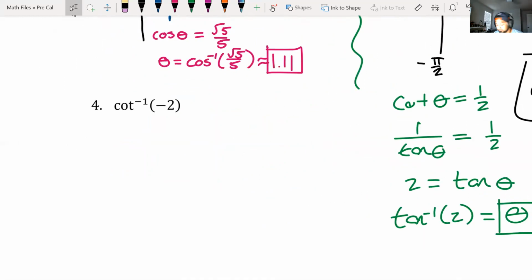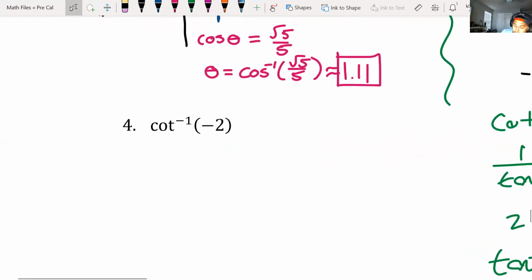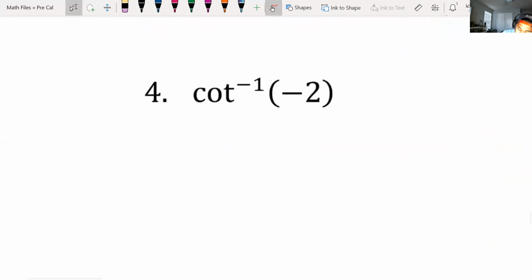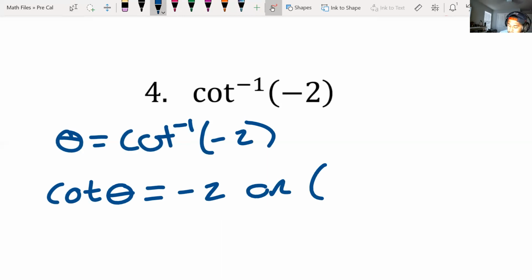Now here is the trippy one. Okay. So the inverse cotangent of -2. So we do the same thing again. Zoom in, give me the space, and we say theta equals the inverse cotangent of -2. Then cotangent theta equals -2 on those restrictions 0 to pi.